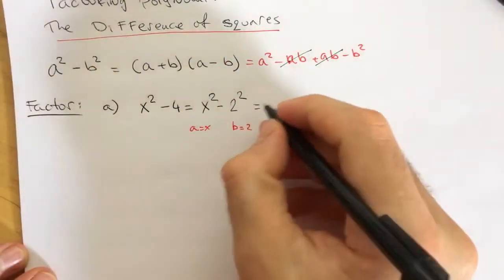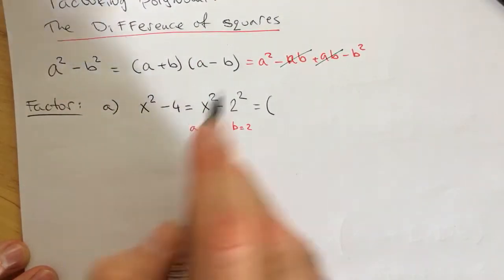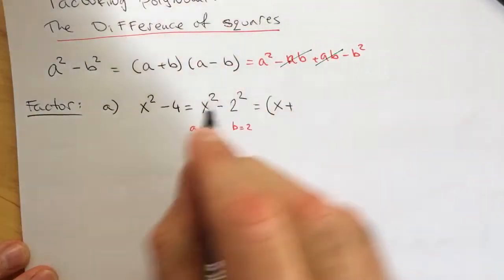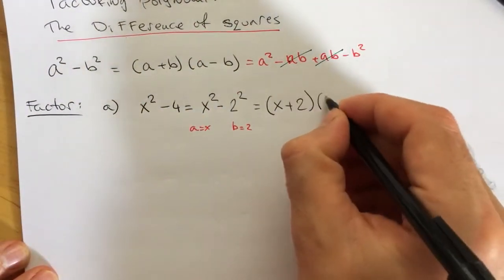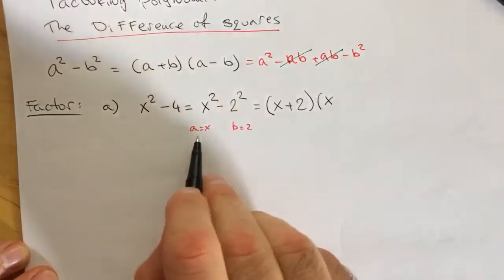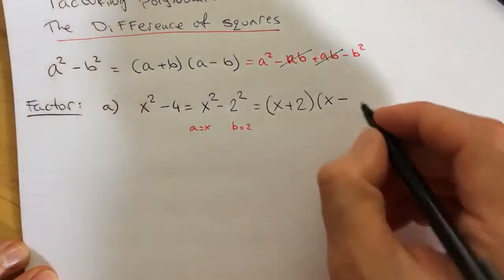So right away you just jump into applying this formula. A is x, so you write x plus b is 2 times a, which in our case is x, minus b, and b in our case is 2.